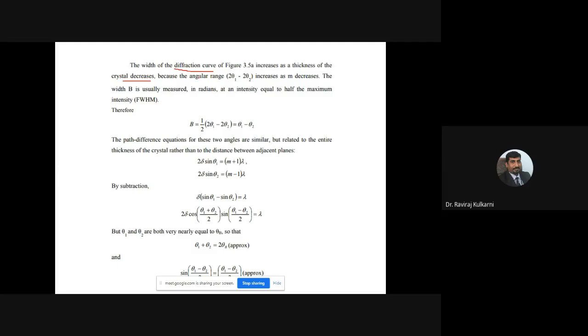Because the angular range 2 theta 1 minus 2 theta 2 increases as m decreases. The width B is usually measured in radians. What is the unit? I'm not using degrees here, I'm using radians, at an intensity equal to half of the maximum intensity. We call it the full width at half maximum.